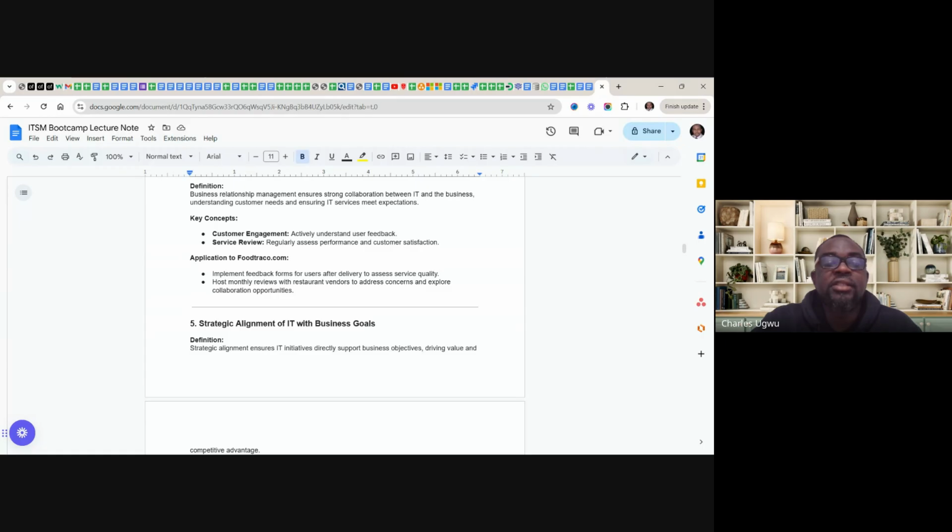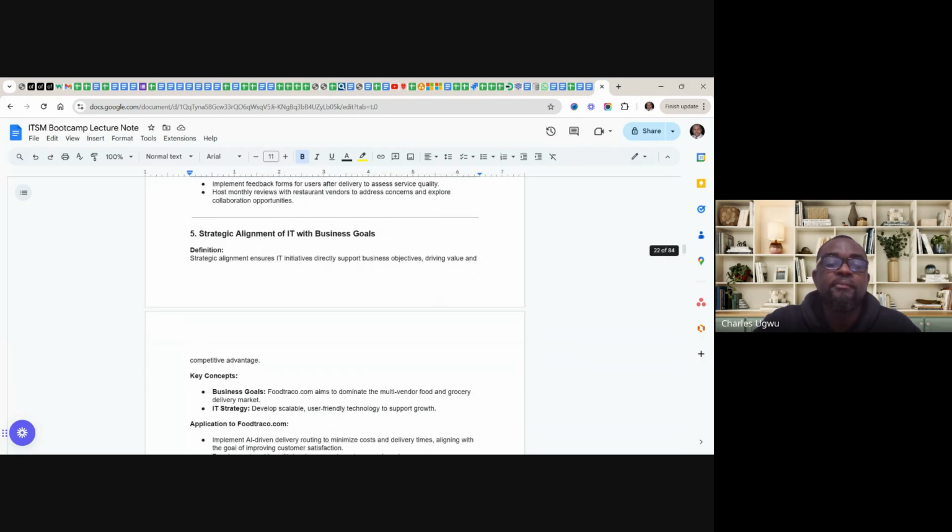Then strategic alignment of IT with business goals. Strategic alignment ensures that IT initiatives directly support business objectives, driving value and competitive advantage.